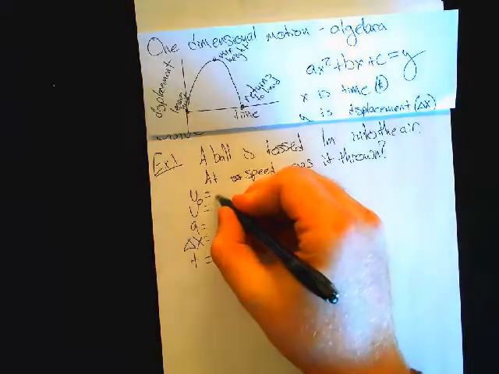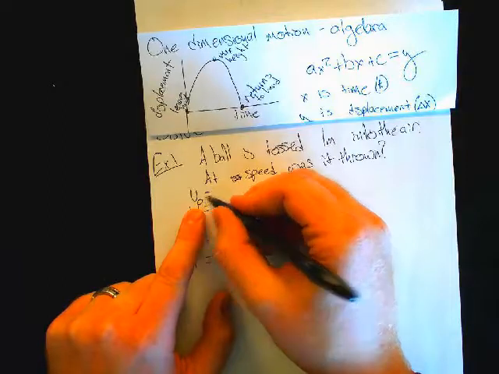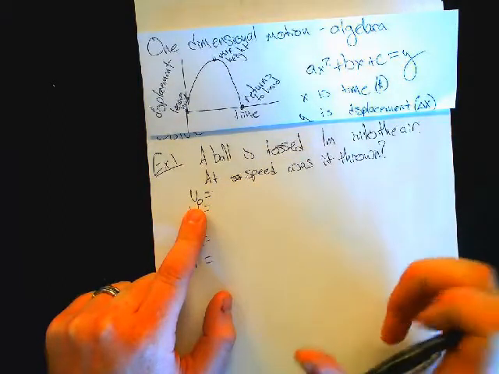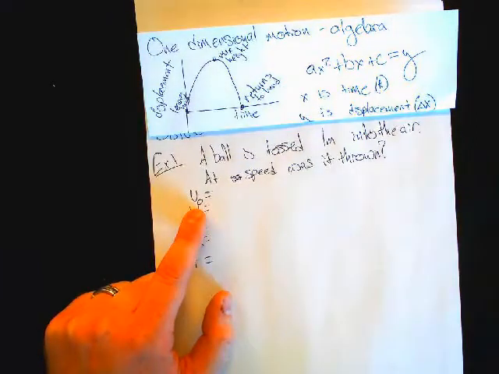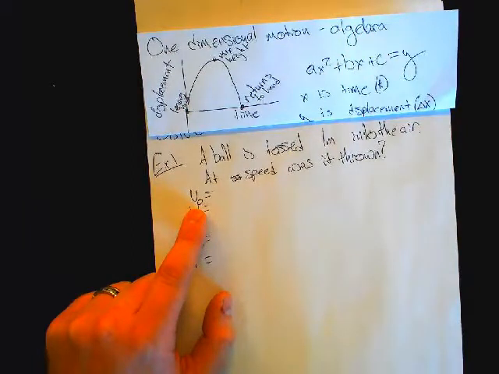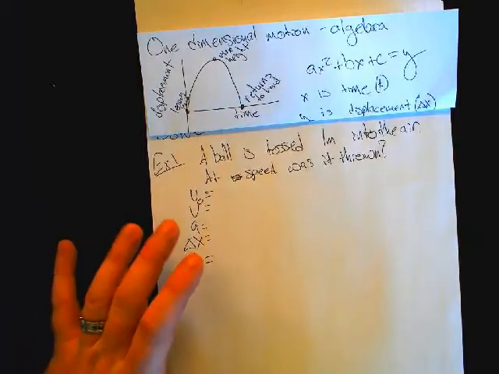How much for initial velocity? We're trying to find what speed it was thrown at. So that one can't be 0 because if I threw it at 0, it didn't go anywhere. Somebody else, another different one that we might know. Delta x, how much?